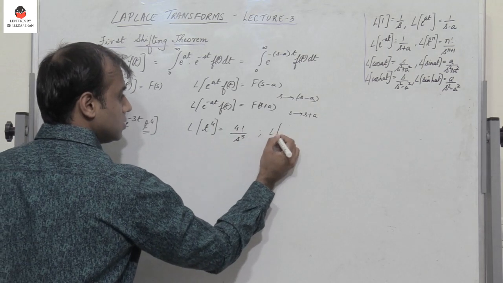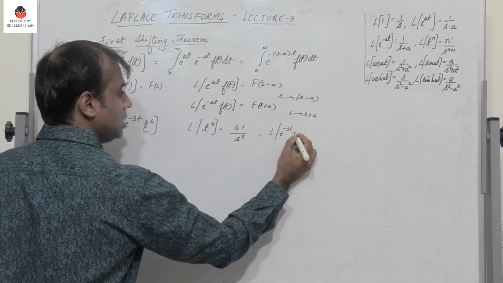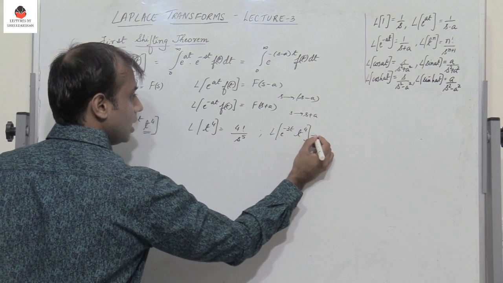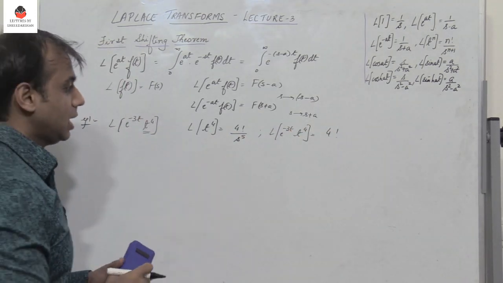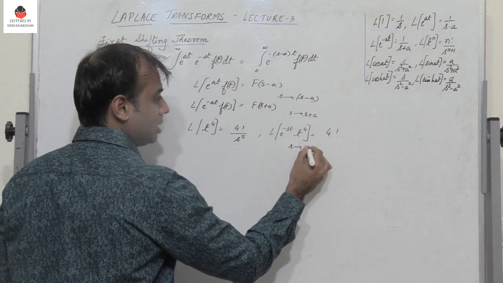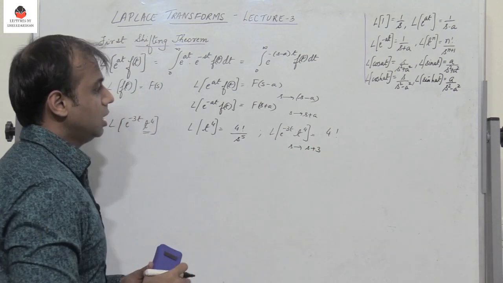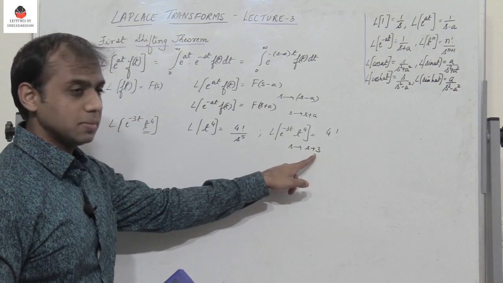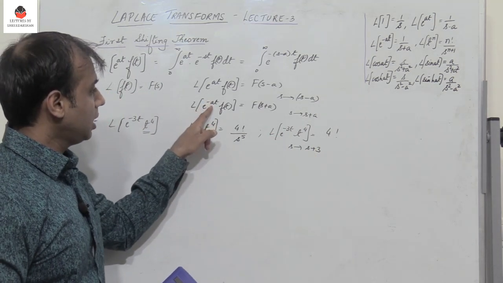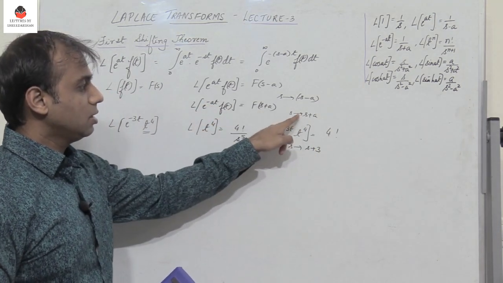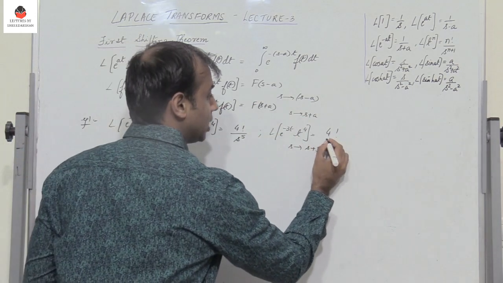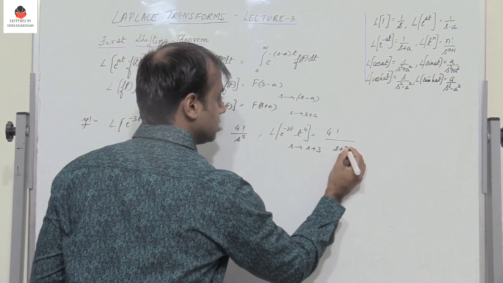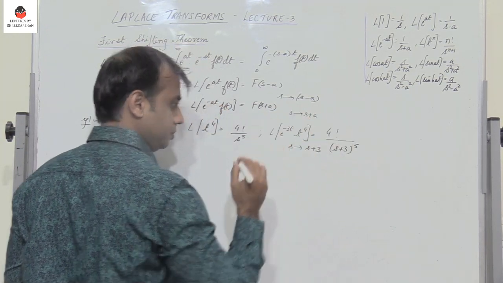Now Laplace transform of e power minus 3t t power 4 is 4 factorial, and wherever s is there, that has to be replaced by s plus 3. So remember, if you have minus 3 here, it becomes plus 3, right? If it's e power minus a, it becomes s plus a. So s is replaced by s plus a. So it is 4 factorial divided by s plus 3 whole power 5.